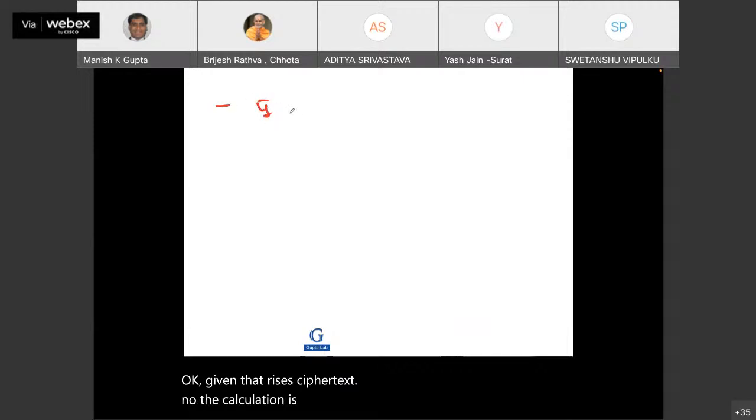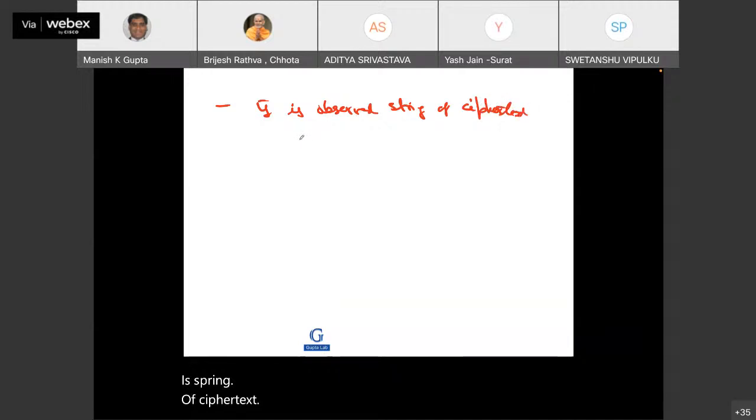If y is the observed string of ciphertext, then the number of spurious keys is how much?